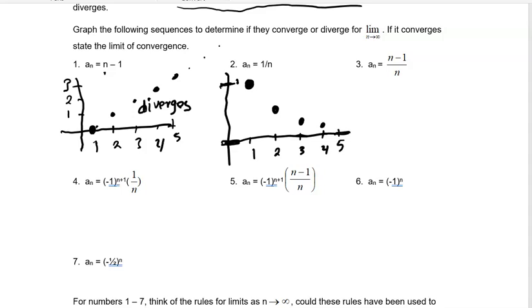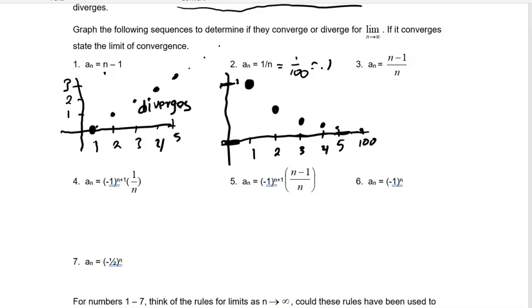What we should see, even if we plug in 100 up here, 1 divided by 100 is 0.01. So we're really, really close to the x-axis, but we still wouldn't hit it.